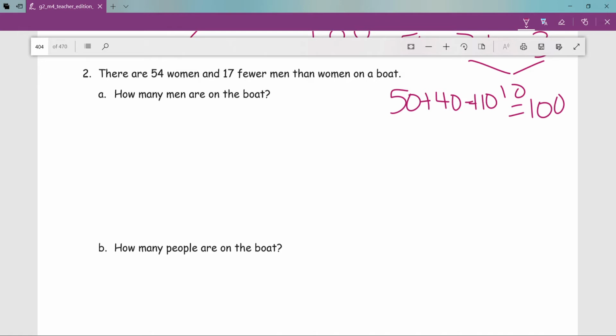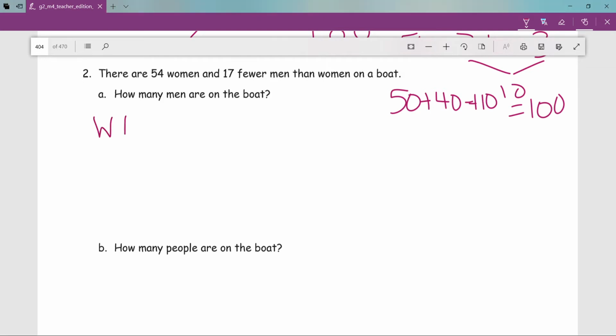So if I'm looking at number 2, it says that there are 54 women and 17 fewer men than women on a boat. So how many men are on the boat? Well, now we're dealing with something that we don't know. So we know the women.